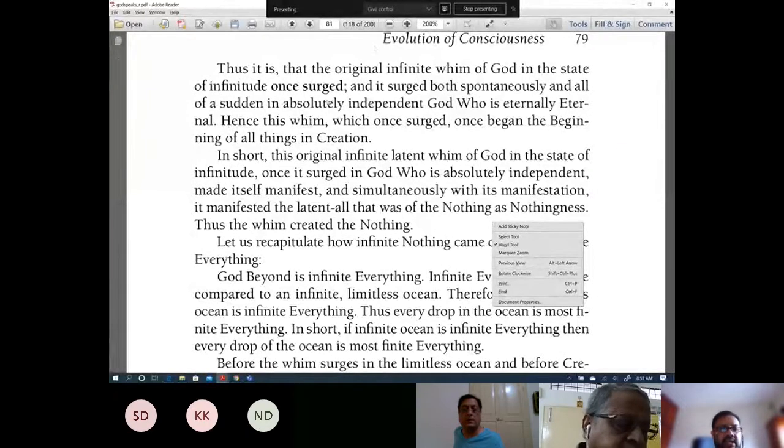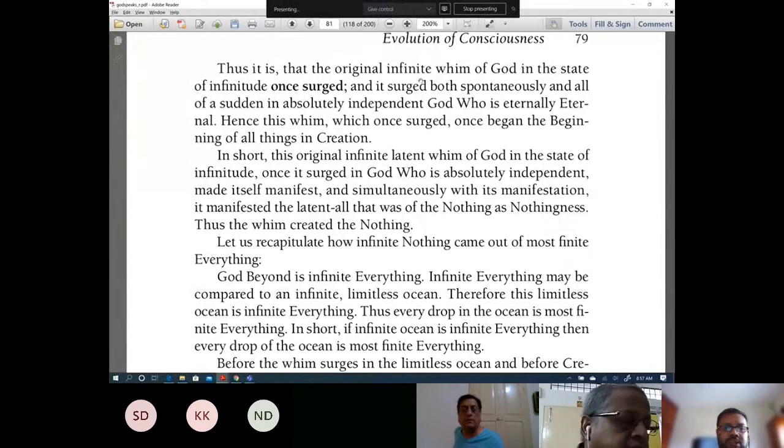Okay. Thus, it is that the original infinite whim of God in the state of infinitude once surged, and it surged both spontaneously and all of a sudden in absolutely independent God who is eternally eternal. Hence, this whim, which once surged, once began the beginning of all things in creation.